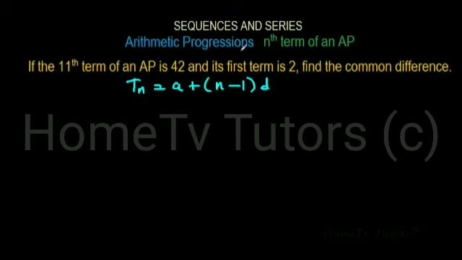Tn is the 11th term, which is given in the question as 42, and the first term is 2. For n, 11 minus 1 is 10. The common difference is what we are looking for. So 42 equals 2 plus 10 times D, that is 10D.